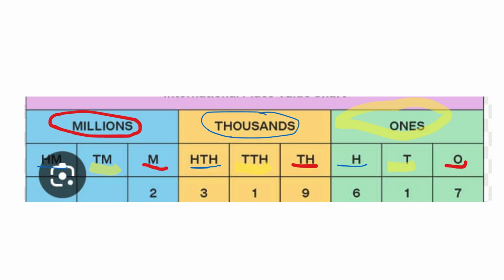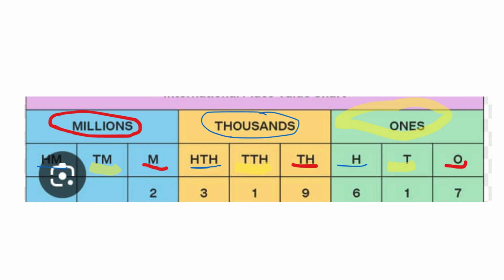We also have tens: tens in ones, tens in thousands, tens in millions. Those are circled in yellow. And we also have hundreds: hundreds in ones, hundreds in thousands, and hundreds in millions. They are circled in blue.